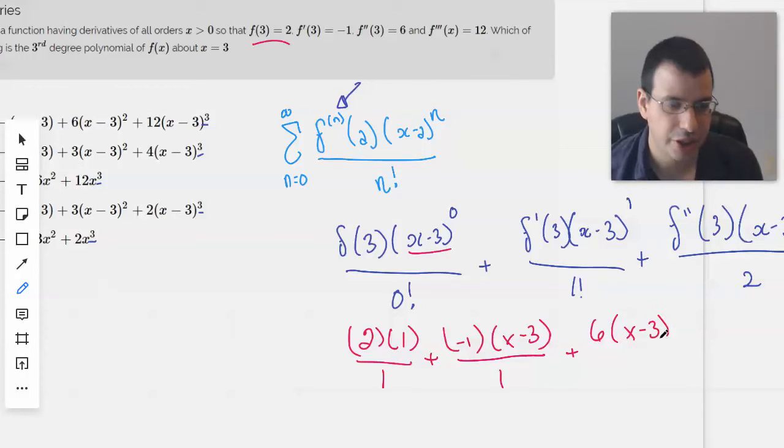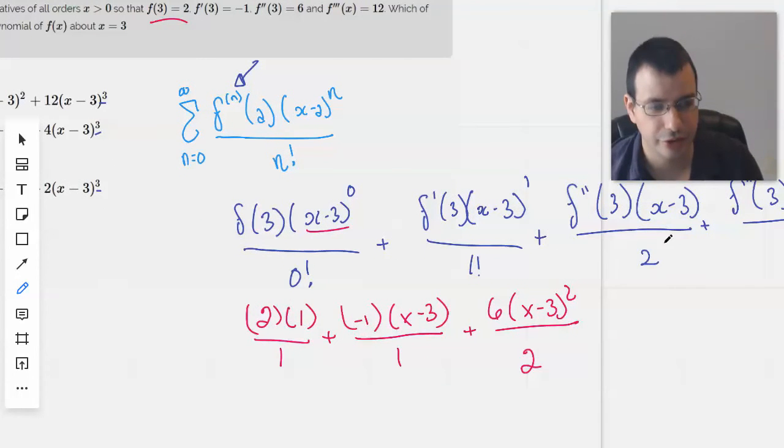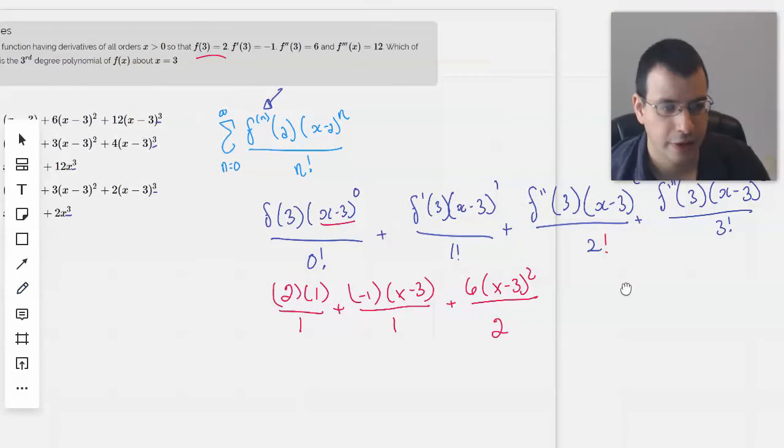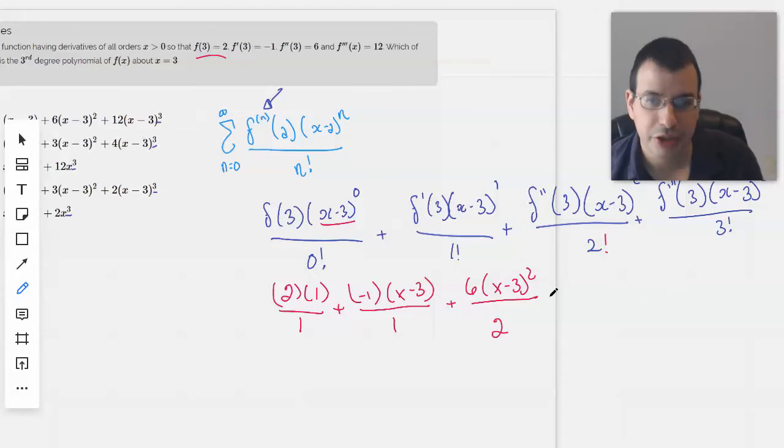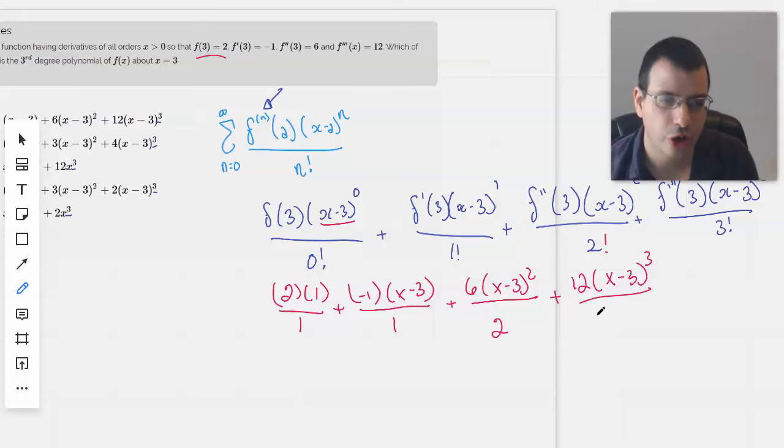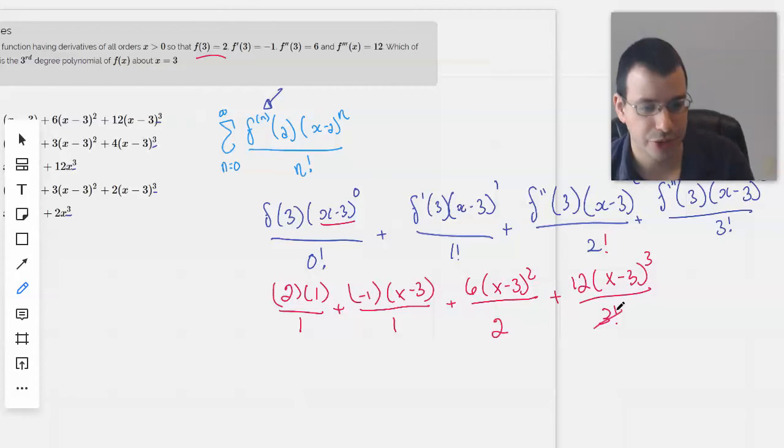Then x minus 3 squared over 2 factorial, which is 2 times 1, so 2. Plus 12 times x minus 3 cubed over 3 factorial, which is 3 times 2 times 1, which is 6.